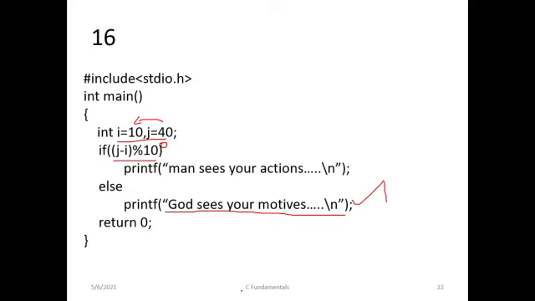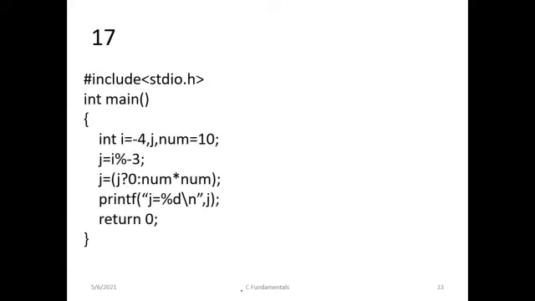Okay. Next, i is minus 4, j is 10. j equals i modulo minus 3. What will happen? Minus 4 modulo minus 3. What is the result of this?